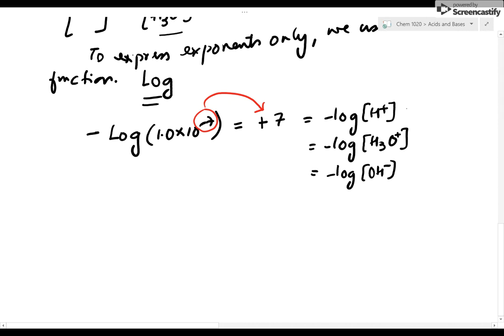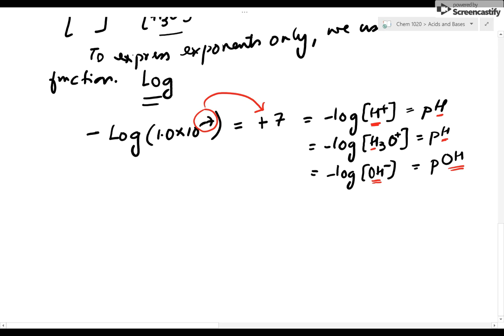Well, this entire term simplifies to pH, and that's the same as this one. Whether it's H plus or H3O plus, it's pH, okay? And then the OH minus, since you're taking the negative log of OH minus, it becomes pOH. Because we're taking the negative log of the H plus ion concentration, that becomes pH. Negative log of the H3O plus ion concentration, again, it's the H that makes the H3O plus, therefore pH again. And then negative log of the OH minus ion concentration makes the pOH.